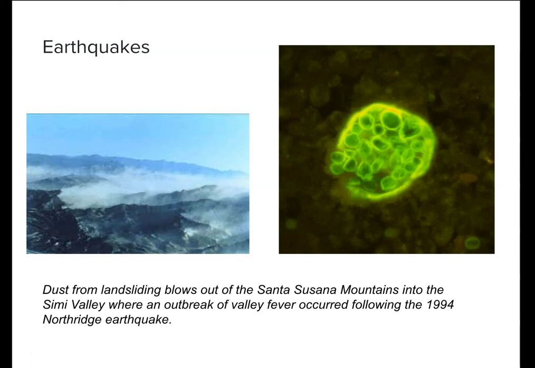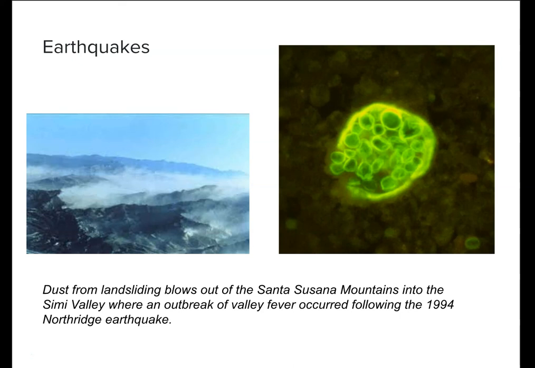Now we have valley fever here, and even though we refer to the area here as the Phoenix Valley, or just the valley, it's actually named after the San Joaquin Valley in California, where there is a whole lot of valley fever. And if you remember, we talked about the San Joaquin Valley when we talked about subsidence and groundwater.